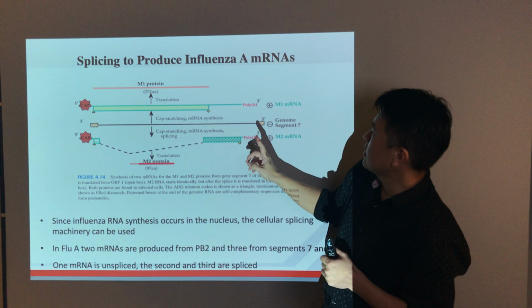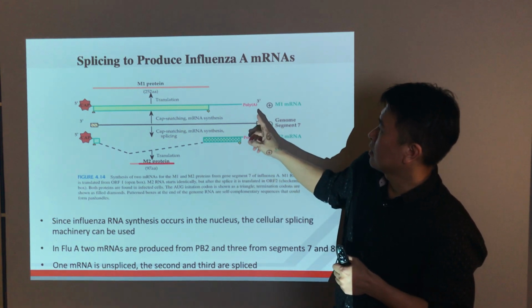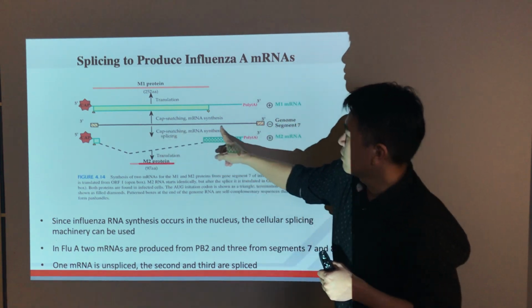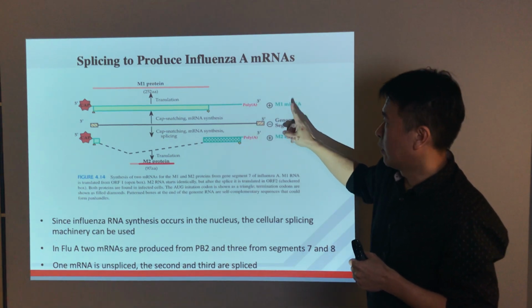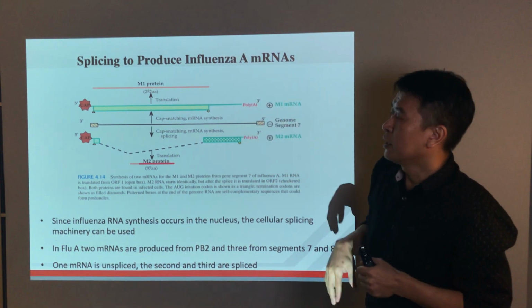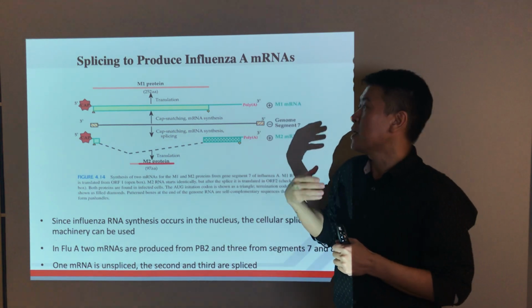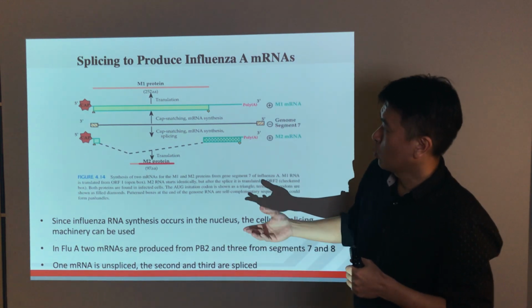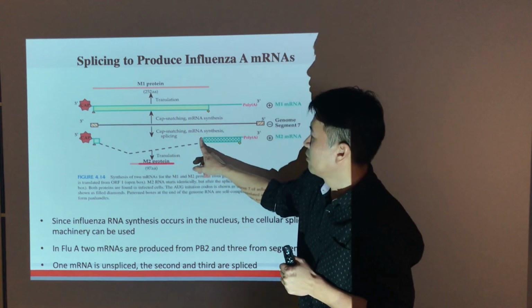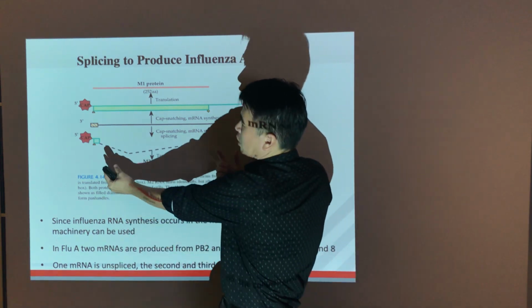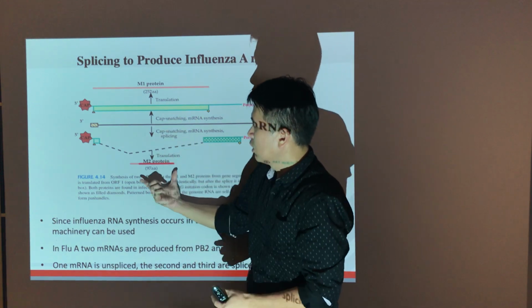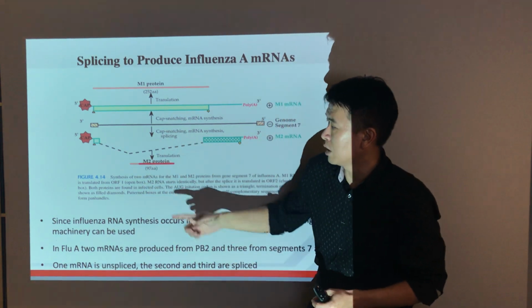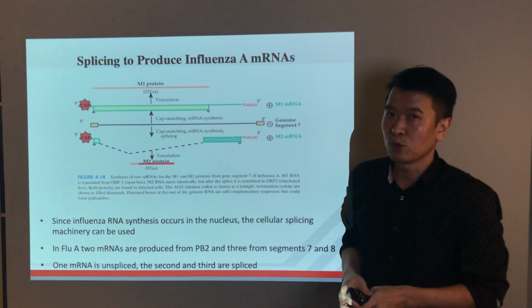For example, in this case, we have this mRNA that is produced for M1. The mRNA can be spliced, where they remove the middle part and join the first part and the last part of the mRNA together to produce another protein which is called M2.